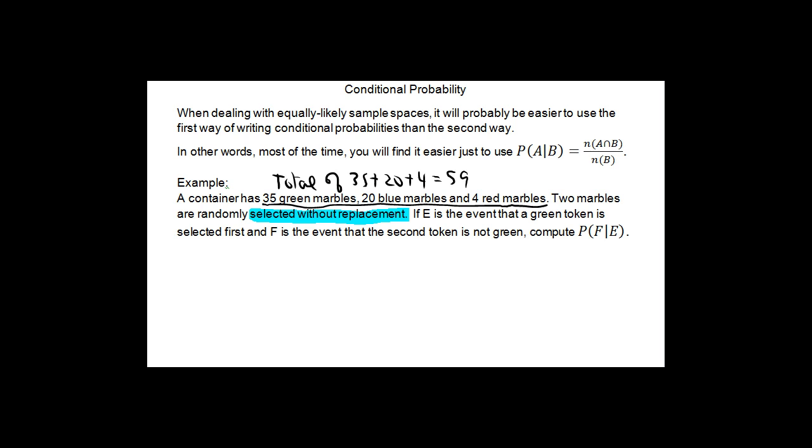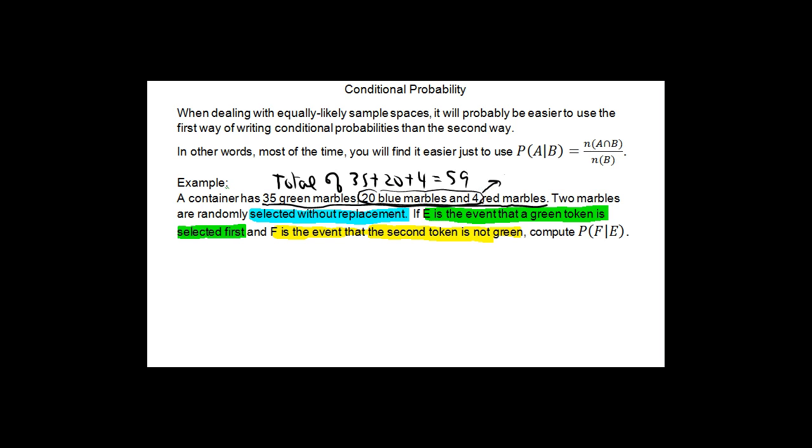Event E is that a green token is selected first. And event F is that the second token is not green. So what we're concerned with is green versus not green. So really, we don't care whether they're blue or red. Another thing you might note along the way is that the blues and the reds kind of get lumped together.